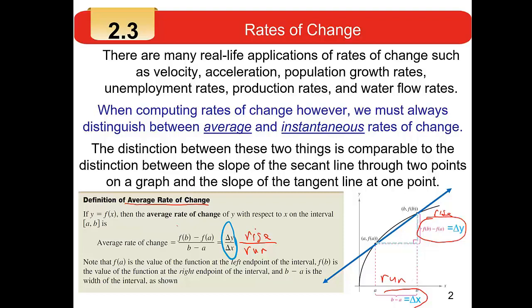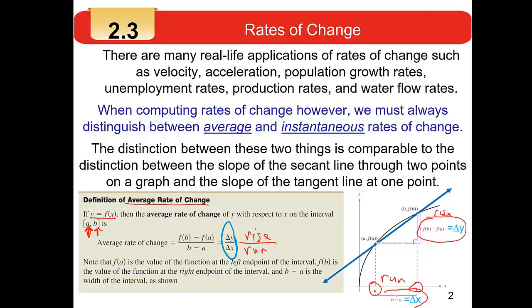And in terms of the function values, if you have a function f over an interval from a to b, the left endpoint is a and the right endpoint is b. So you're running from a to b, a on the left, b on the right. What is the change in the y coordinates?